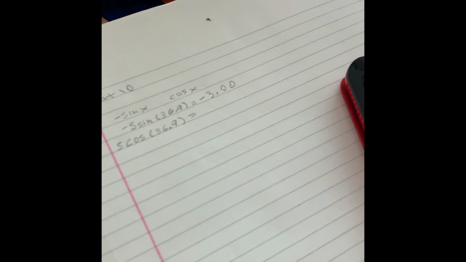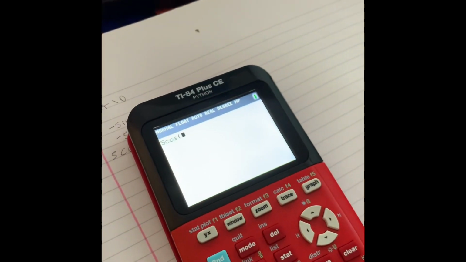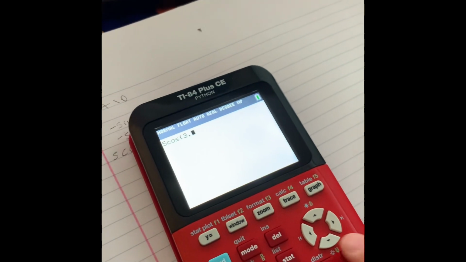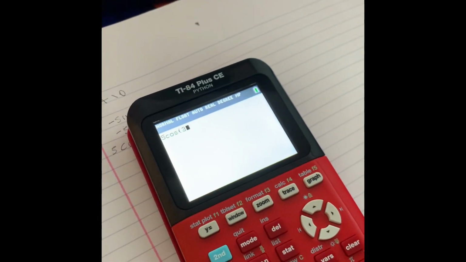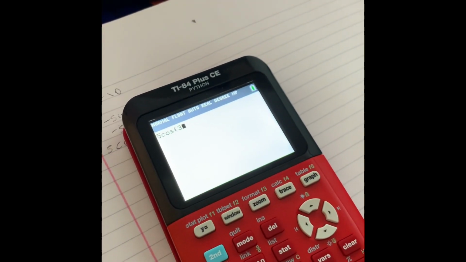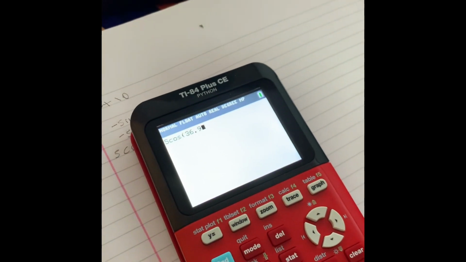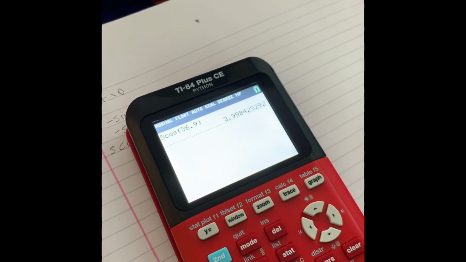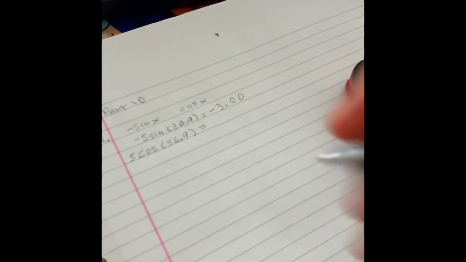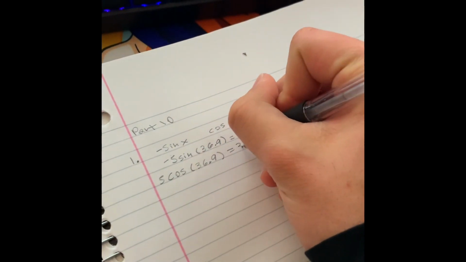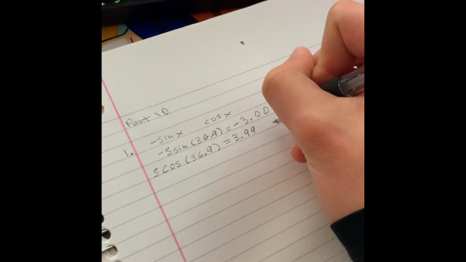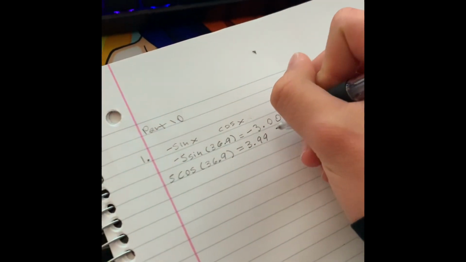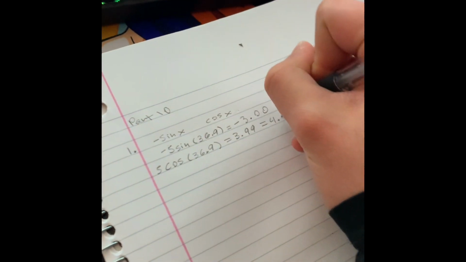And then we would do the same for 5 cosine. That would give us 3.99, which we can round up to 4.